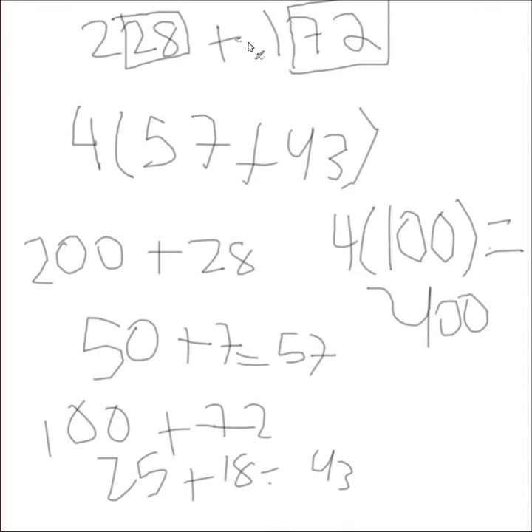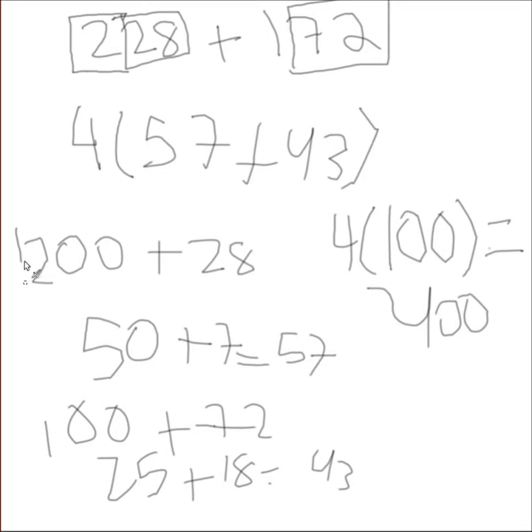Let's take a look at what we did here. So we figured out that both these numbers are divisible by 4. You don't need to remember the divisibility test right now. We'll go over that later in the next unit. And to figure out what each number divided by 4 was, we broke down the number. You should know place value by this point. This is the hundreds place, which means its value is 200.